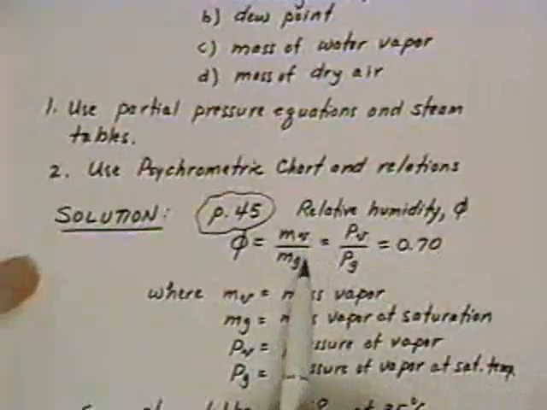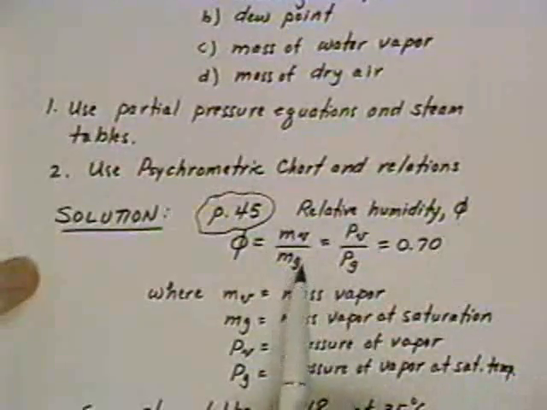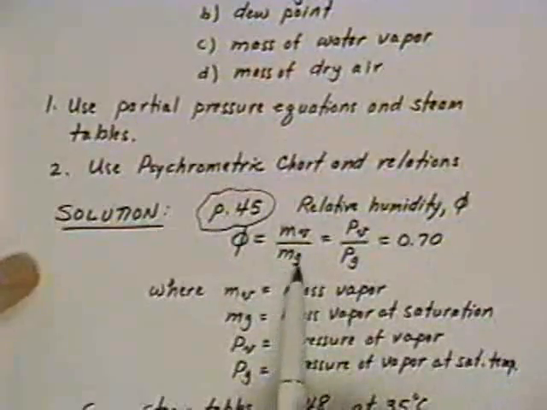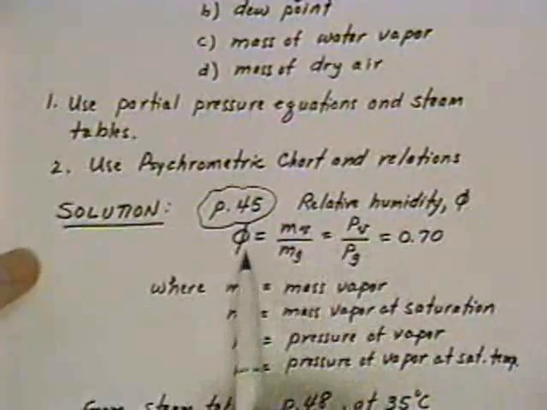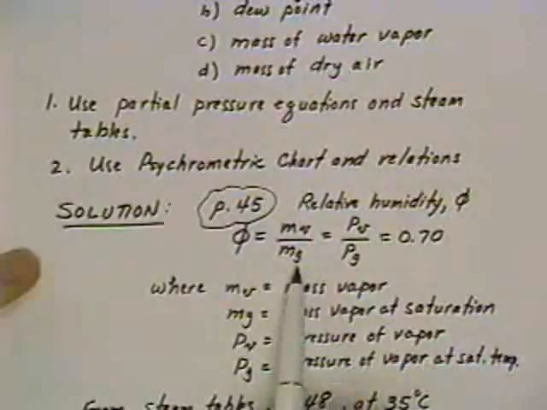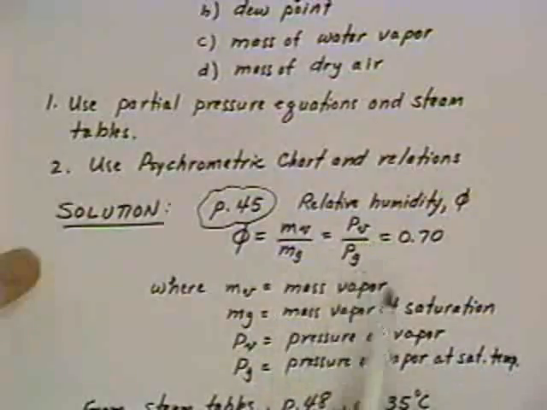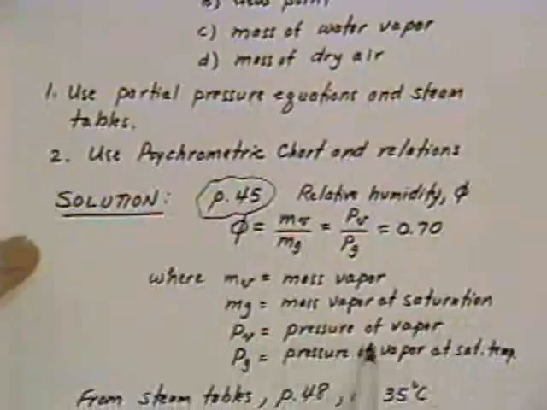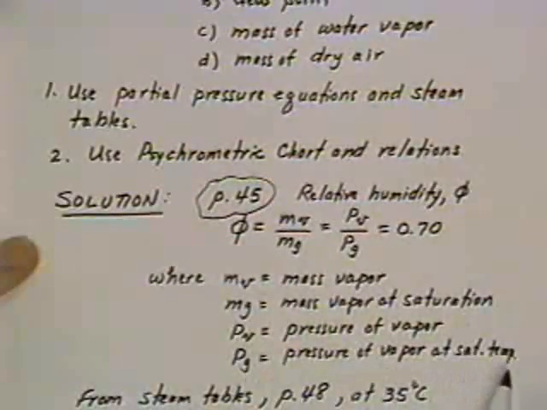And relative humidity would be very low for small amounts of water vapor compared to what could be contained in the air at that particular pressure condition. So phi, which is relative humidity, is defined as either m sub v divided by m sub g, or p sub v over p sub g. m sub v is the actual mass of the water vapor, m sub g is the mass of the vapor at saturation conditions for the pressure, p sub v is the pressure of the vapor, p sub g is the pressure of vapor at the saturation temperature.